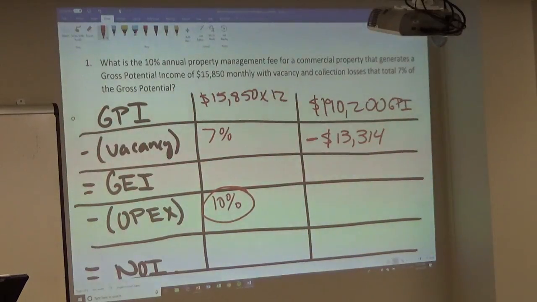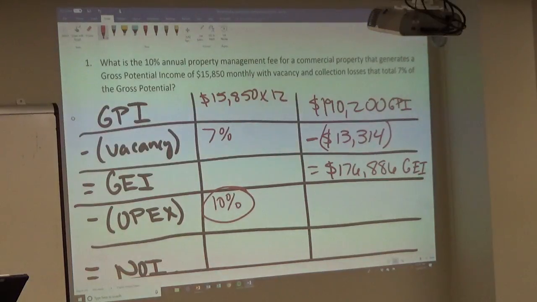And that gives us equals $176,886. And that is our gross effective income.